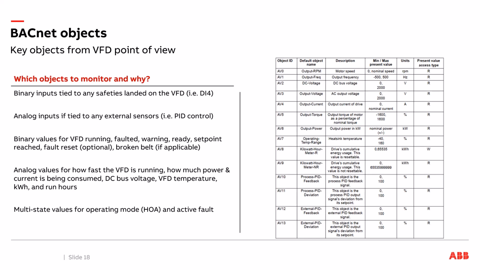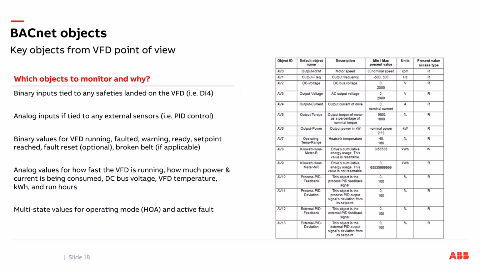So on the right there, that's just an example taken out of a manual for a drive. You'd also see something similar in those PICS statements. It's that answer key of all the different data points that are there. So the ones on the right there, you can see it in that image. The left column has the object ID, so that's the analog values, just as an example. So if I wanted to read output frequency, I would ask the drive, hey, what's your value of AV1?